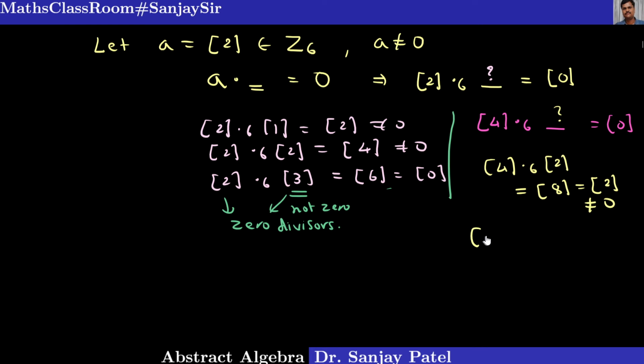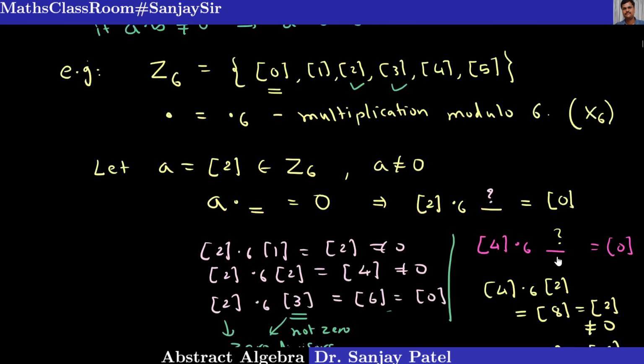Because 4 3s are 12, and 12 is same as 0 because the remainder when 12 is divided by 6 is 0. So one should write directly the remainder when the result of this product is divided by 6. So 4 and 3 are also 0 divisors.